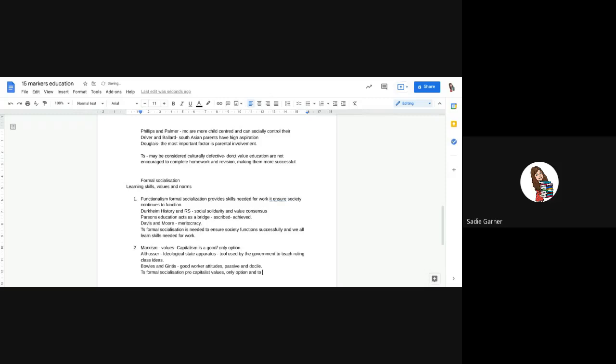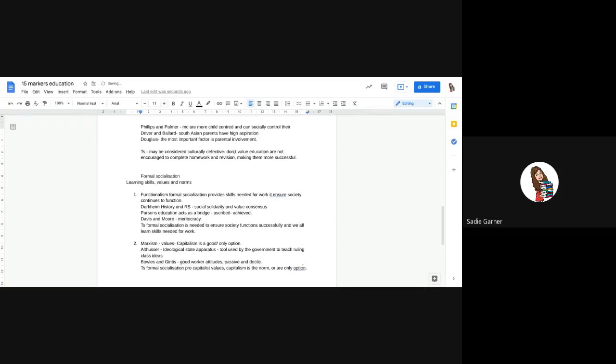To teach pro-capitalist values, that capitalism is the norm, or our only option. This doesn't specifically mention skill.